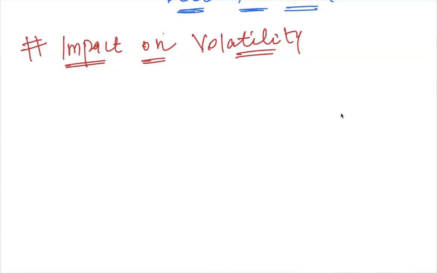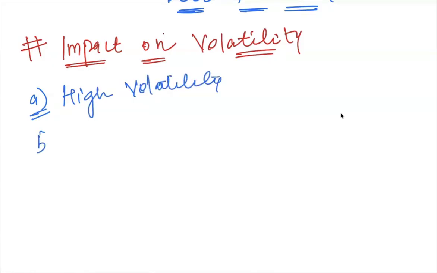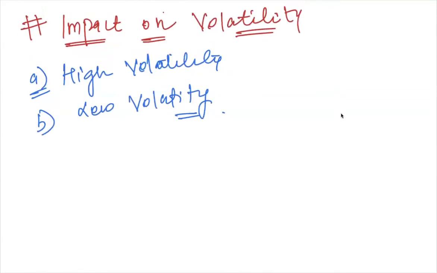Let's take two conditions. High volatility and low volatility. Let's take the first condition, when we see high volatility.